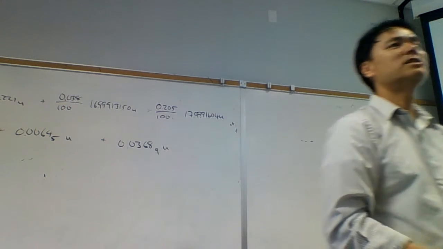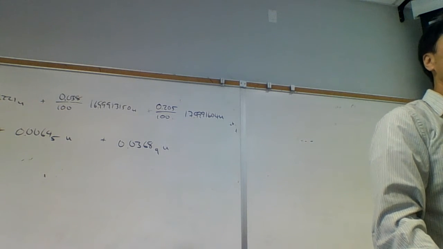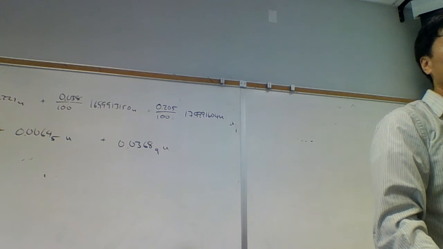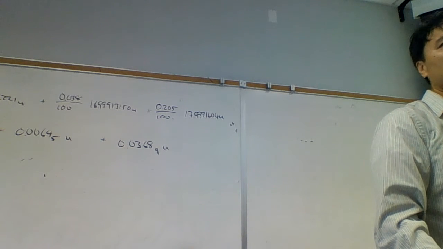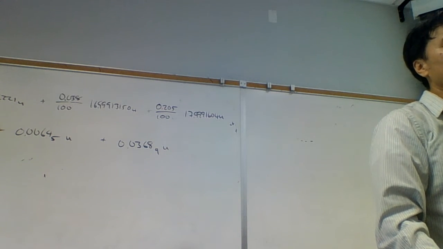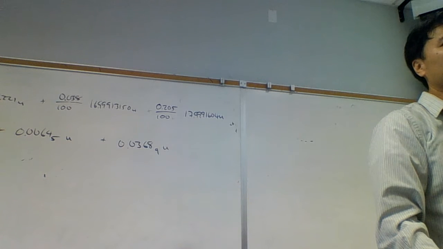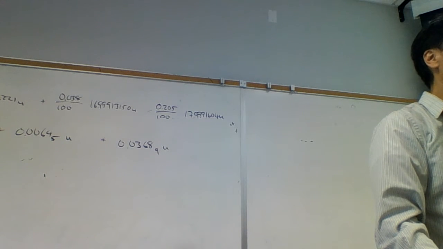Now look how crazy precise the masses are. How come the fractional percentages aren't so crazy precise? Can somebody think of a reason? The mass spectrometer is a crazy precise and accurate instrument. And so why can it read the mass to so many sig figs, but it can't read the percentages to so many sig figs?